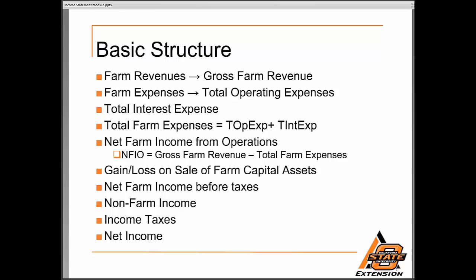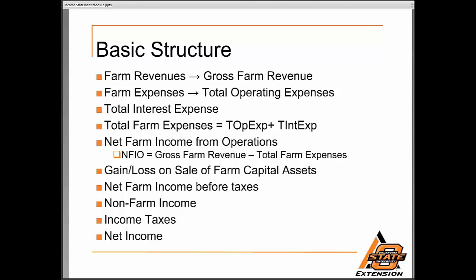Net farm income from operations gives an accrual adjusted profitability measure before inclusion of capital gains or losses from the sale of farm capital assets. Many farmers and ranchers have sources of non-farm income available to their operations, so non-farm income is included as a separate line item.